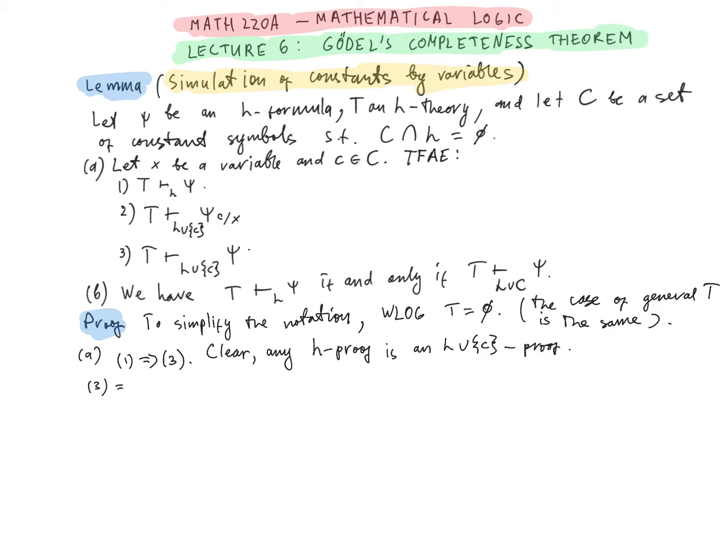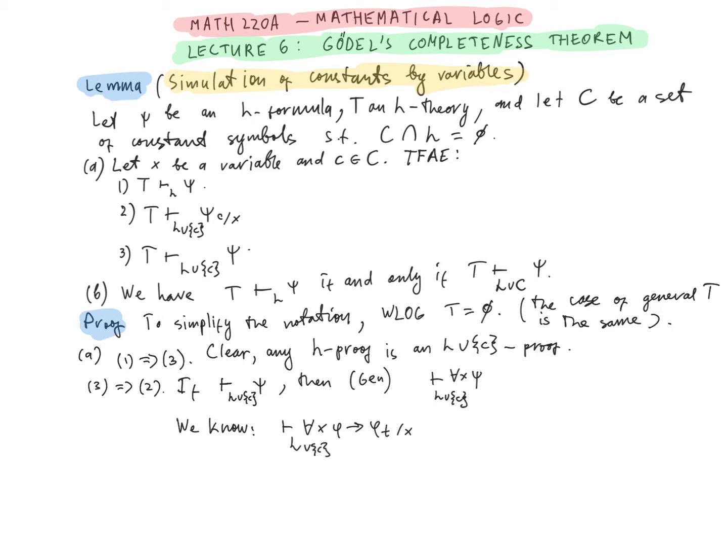Next, let's consider the implication 3 implies 2. If psi is provable in the sense of the language L union C, then applying the generalization rule, we get that also for all x psi is provable in the same language L union C. We also know, by an example considered in the previous lecture, that the formula for all x phi implies phi with t replacing x is provable in an arbitrary language, for phi an arbitrary formula.